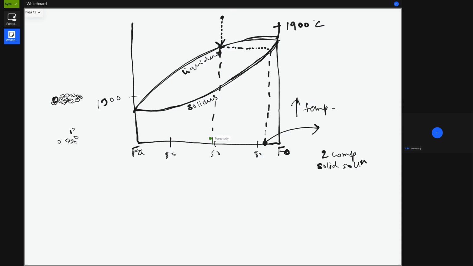Looks a little bit odd, but say this is 50, and the melt composition is actually 60 Forsterite and 40 Fayalite.